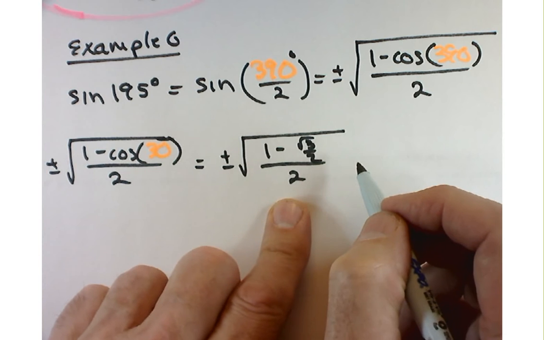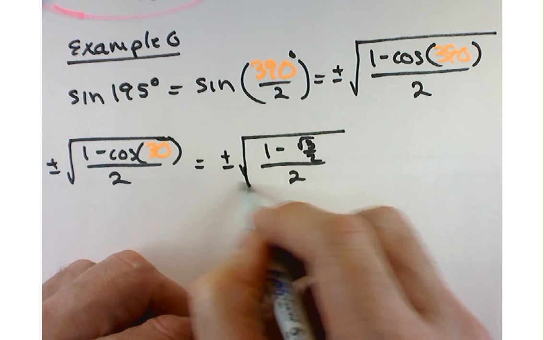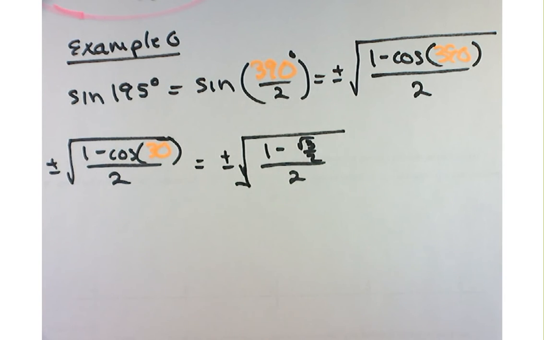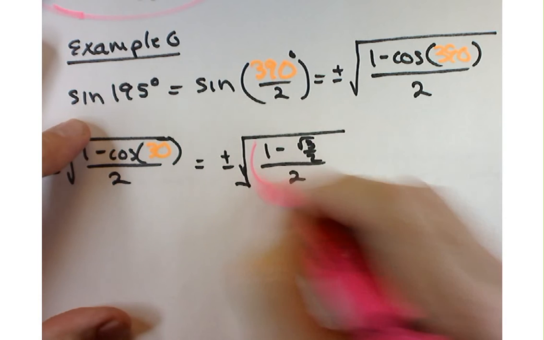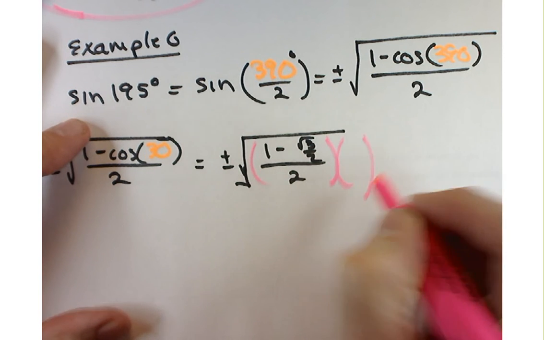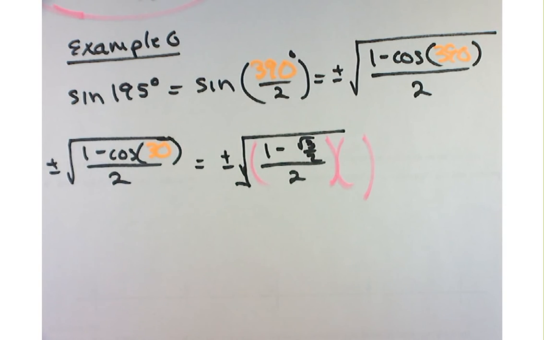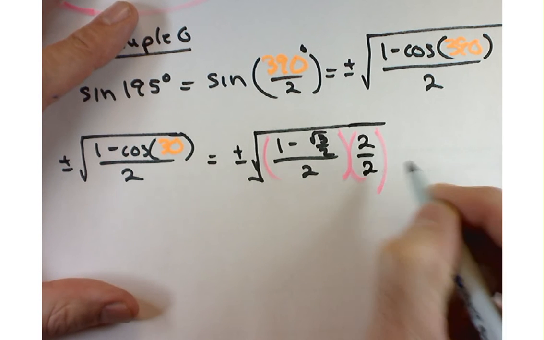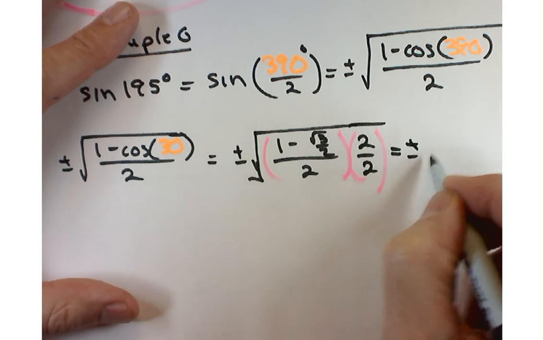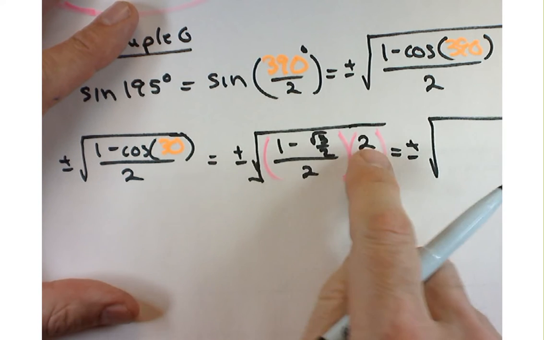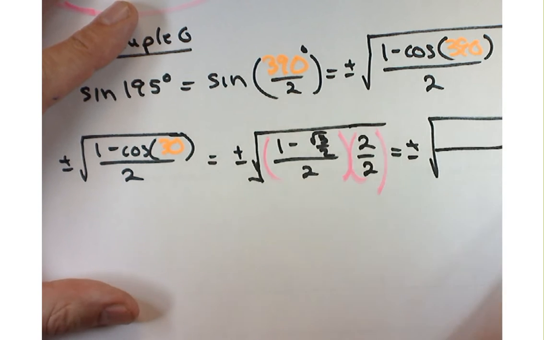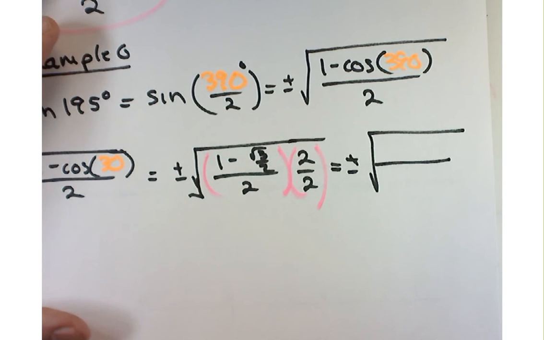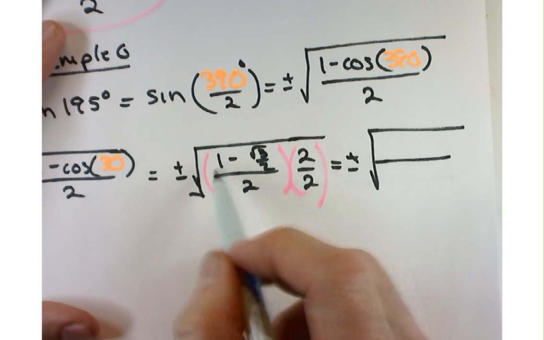Last but not least, let's play the game that we did just a minute ago. That square root, by the way, goes all the way down over the 2. Don't leave that out. In the game we played a minute ago, I multiplied to get rid of the fraction here. I multiplied by 2 over 2. So if I distribute here, why don't you see if you can beat me in distributing? What's that going to be in the numerator?